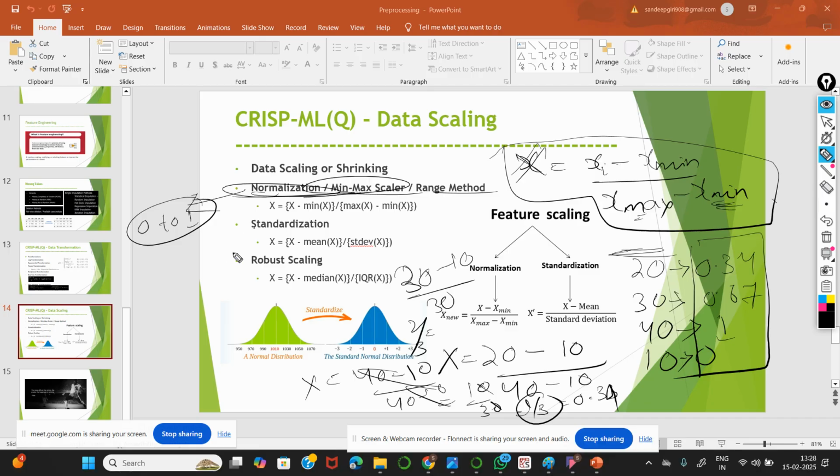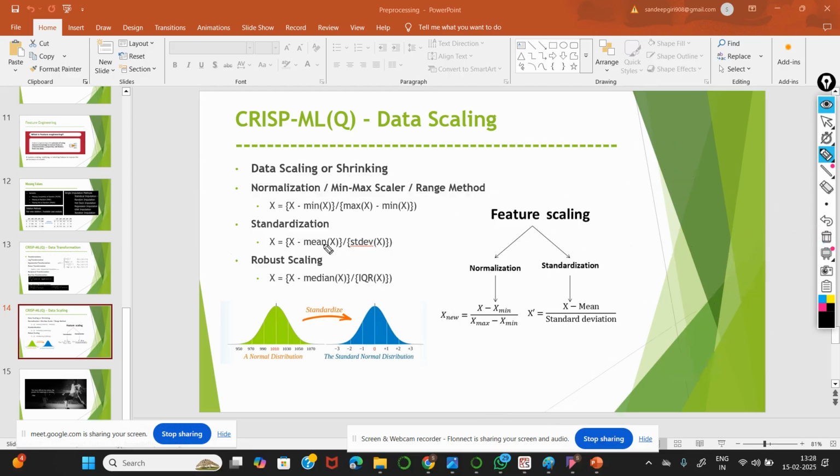In the same way, we have something called standardization. This is the other technique besides normalization. In standardization, we are going to use a formula called x minus mu divided by sigma. Again, the same salary column: 20, 30, 40, 10. x is nothing but 20. 20 minus the mean.